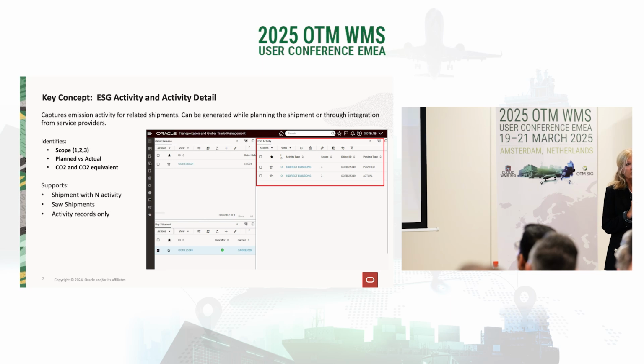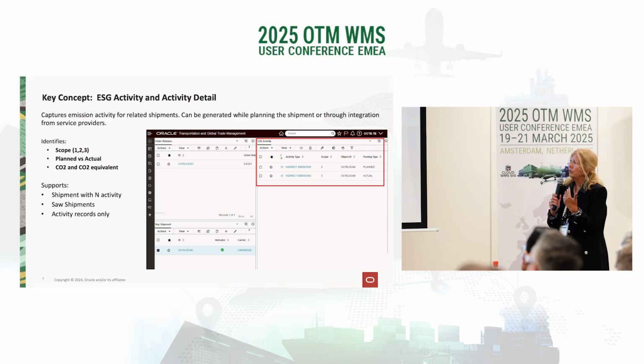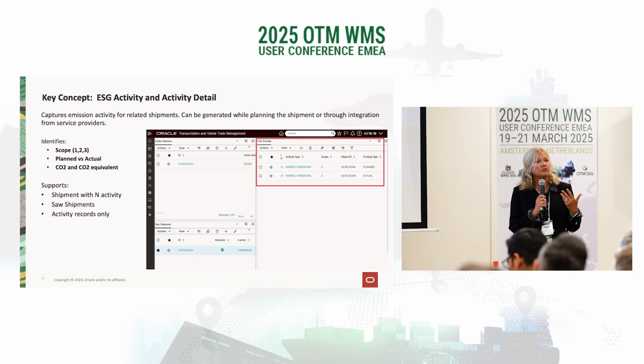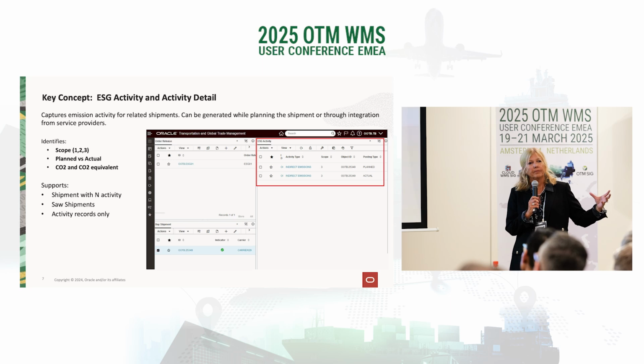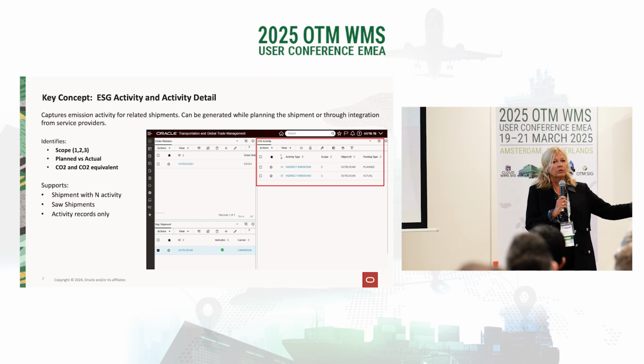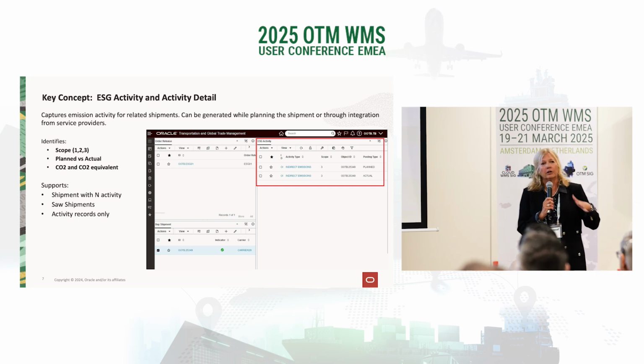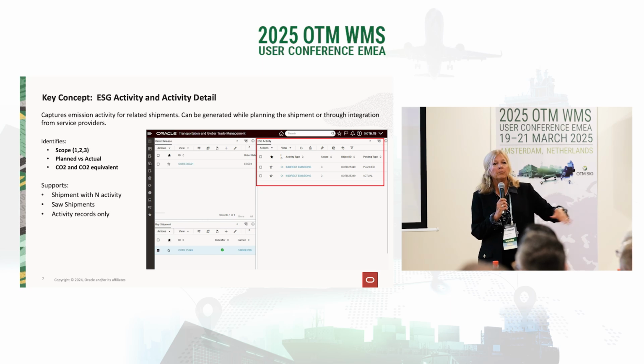Okay, so a couple of key concepts when you start working with OTM. There's a whole new set of data structures around your ESG, your emissions activities. What that's helping us model is the understanding that a shipment in OTM could be a door-to-door move that the freight forwarder is doing, and that the activity records we're going to have to understand against that shipment may be multiple ones.